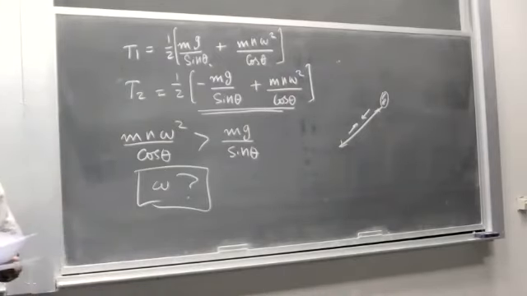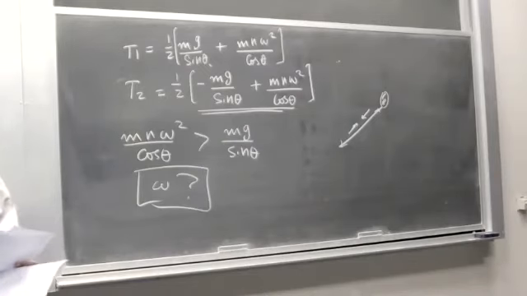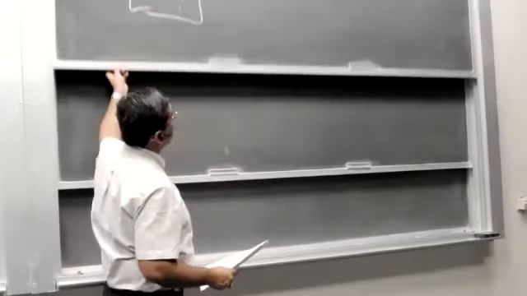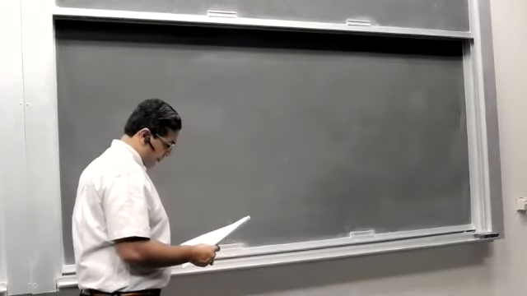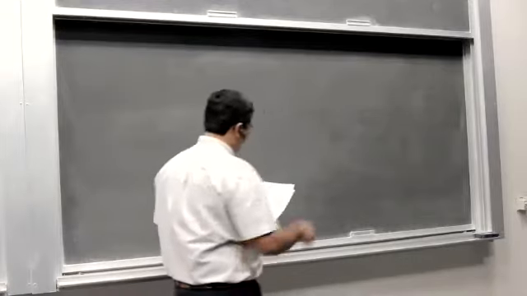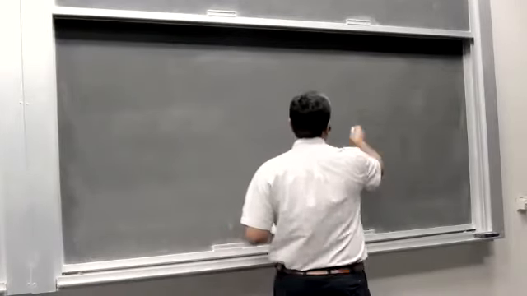So do we have seven? We have 7 minutes. So let's quickly solve the fourth problem as well. The fourth problem is that you have an amusement rotor.